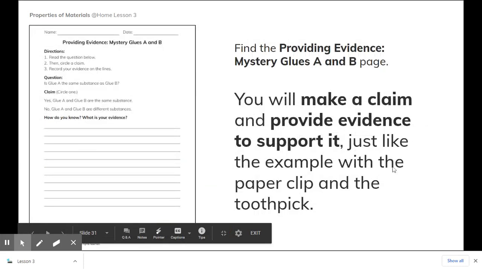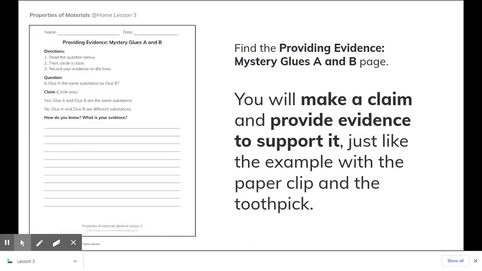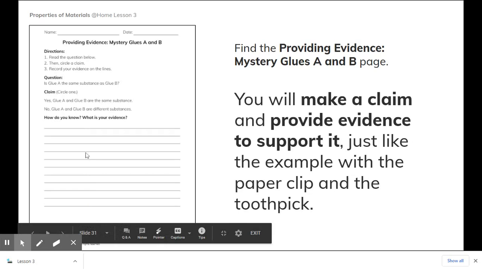So here on page 10, you are going to provide evidence for your claim. You have to make a claim, so you have to decide what you think and then provide some evidence to support it, just like we did with the paper clip and toothpick example. You're going to read the question, choose a claim, and then record your evidence.